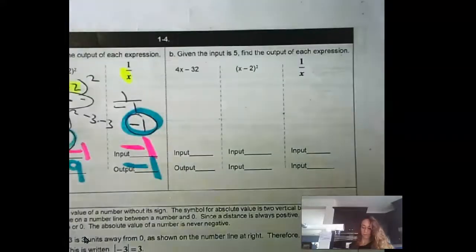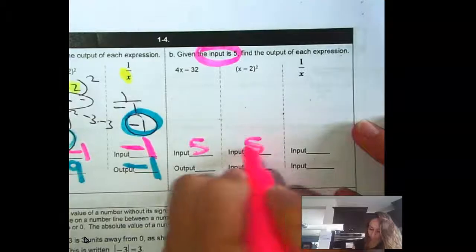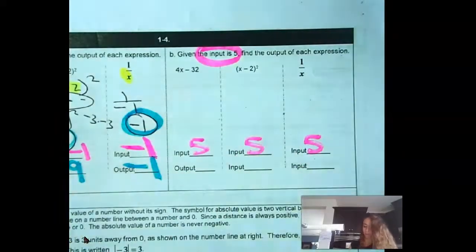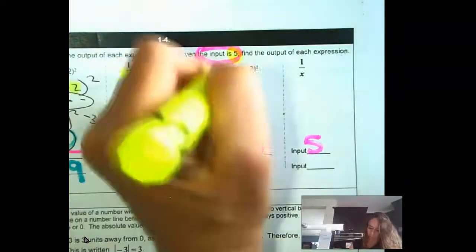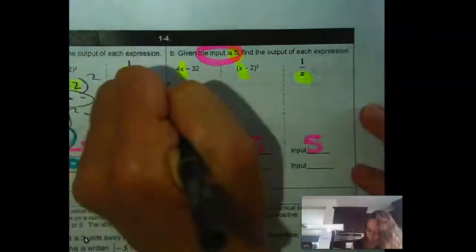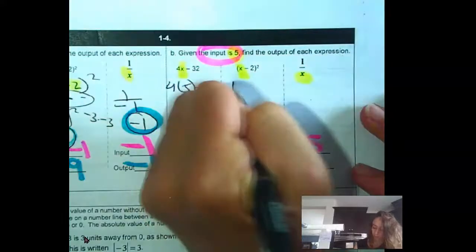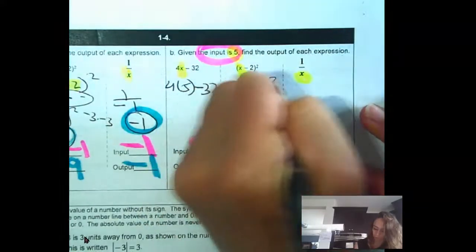All right, let's go to the next one. This time, every single time, my input is 5. So that means I'm going to put 5 in here, 5 in here, and 5 in here. So I'm going to go 4 times 5 minus 32. I'm going to go 5 minus 2 squared.